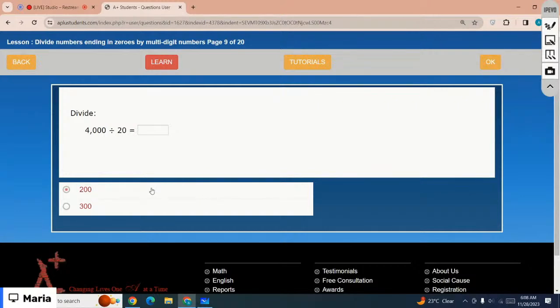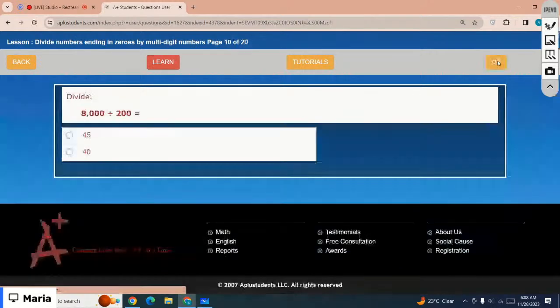That is 200. 8,000 divided by 200, which is the correct option?